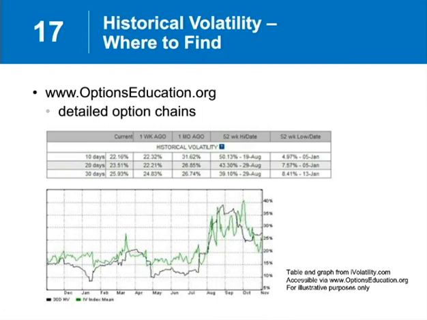We've also got the box form up top where you can see it numerically as well. So at optionseducation.org you can get that historic as well as implied volatility figures. But notice that there's a fair amount of variation in the amount of movement in this particular underlying based on its historic volatility.